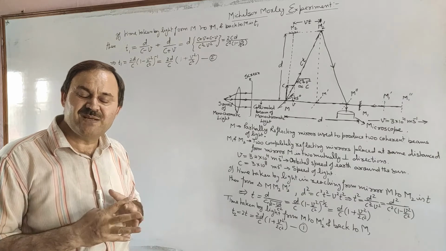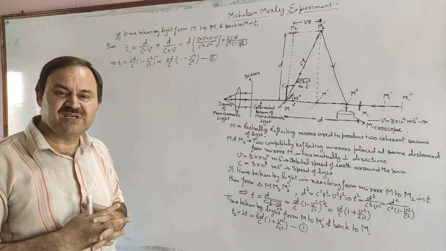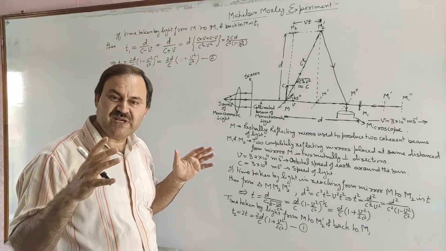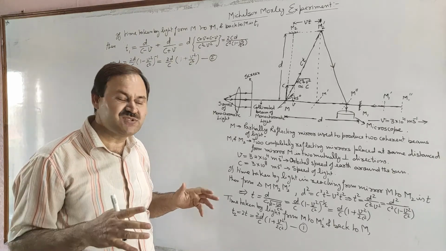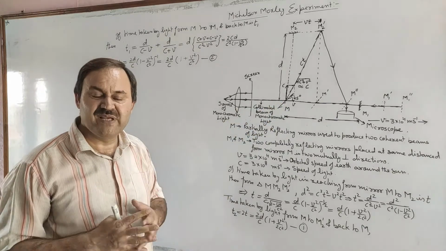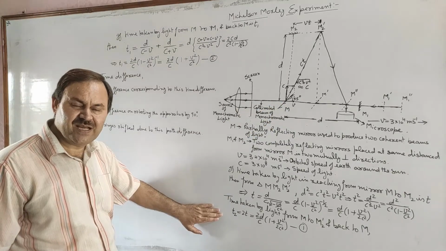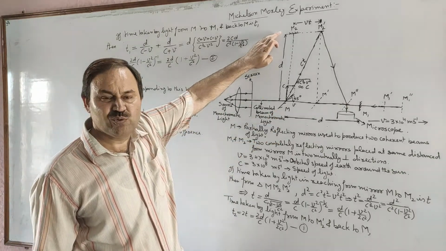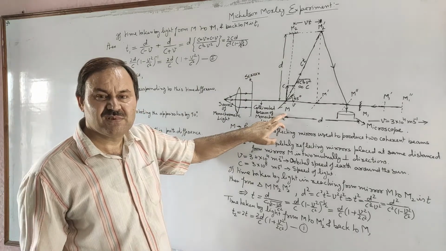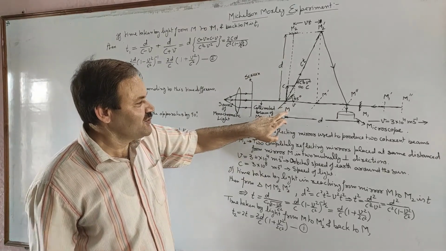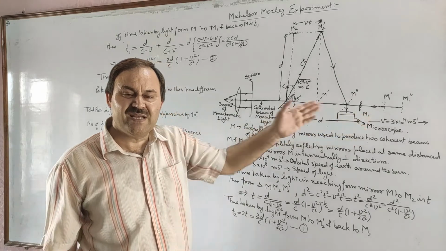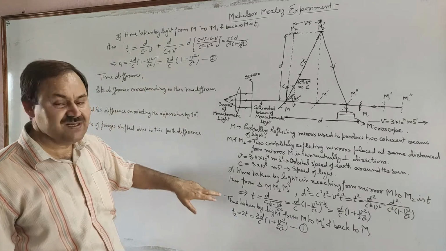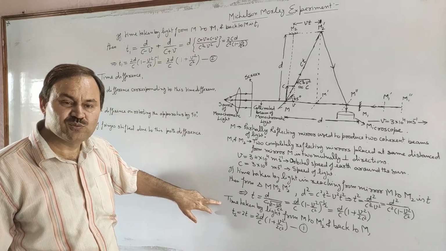Now this time difference can be used to determine the path difference between the two interfering coherent beams produced by mirror M. That is the difference in times taken by light from mirror M to mirror M2 and back to M, and from mirror M to M1 and then back to M. That is the difference of T1 and T2.